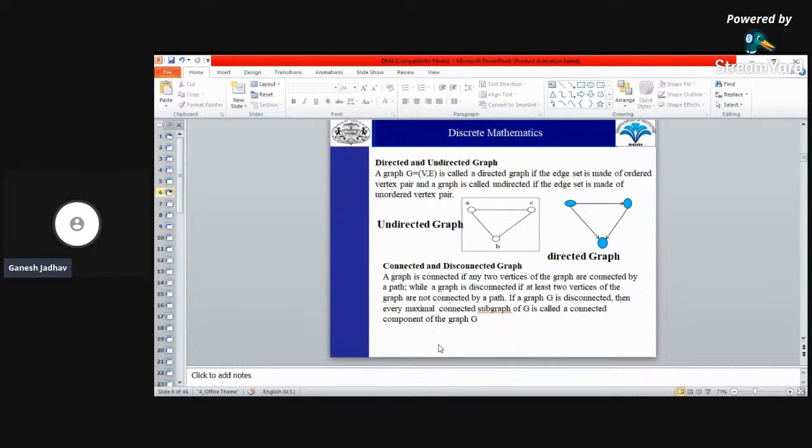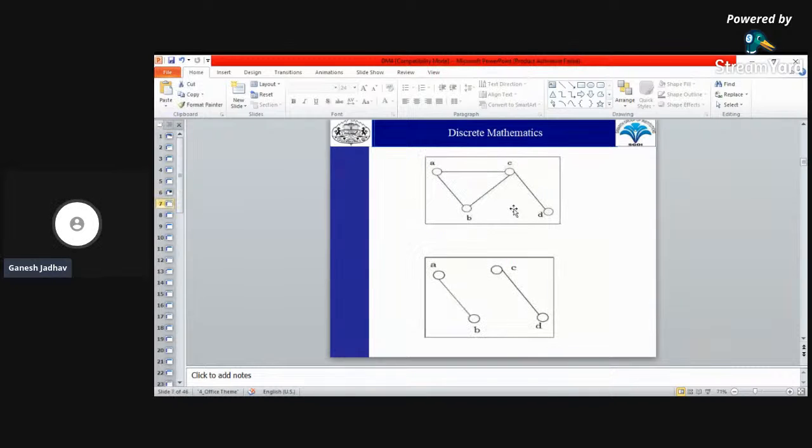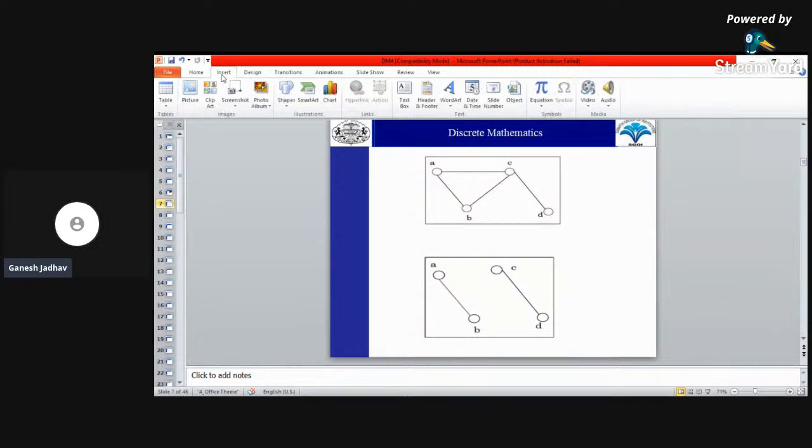Then another type is the connected and disconnected graph. So what is connected? The graph is connected if there is a path. You can see here, this is connected because all nodes are connected with each other.